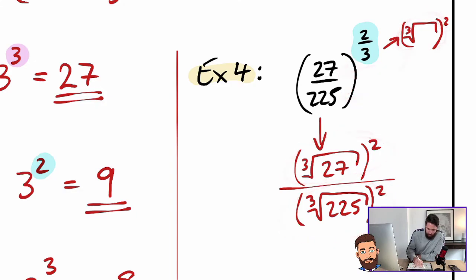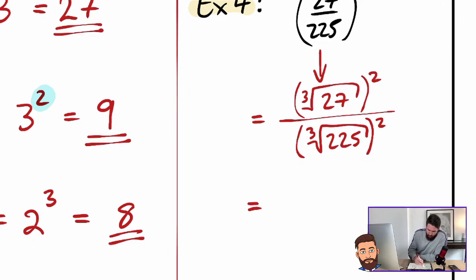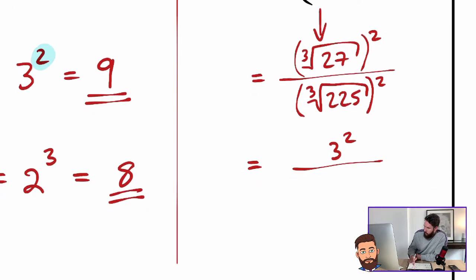We're going to do it separately. Let's focus on the numerator, the top. What would the cube root of 27 be? The cube root of 27 would be, and we've seen this, 3. And then we need to square it. So we've still got the squared bit to do.